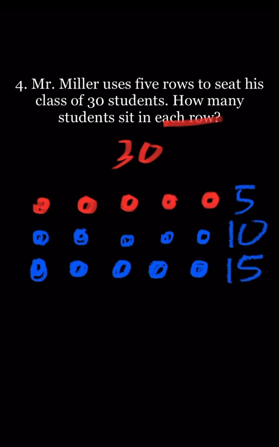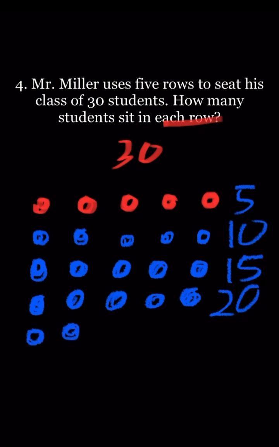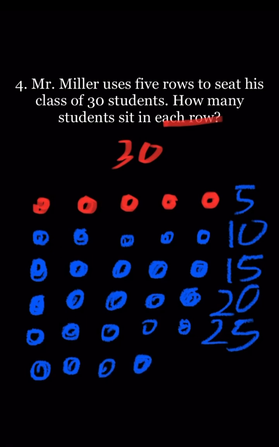Let's add another 5 students. So we have 20 students in total. Let's add another 5. Now we have 25. Now the last 5 students. Now we have 30 students.